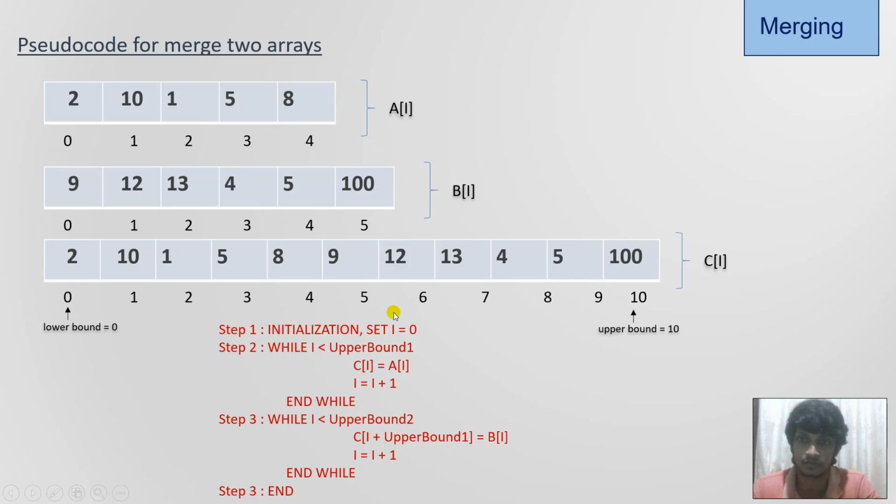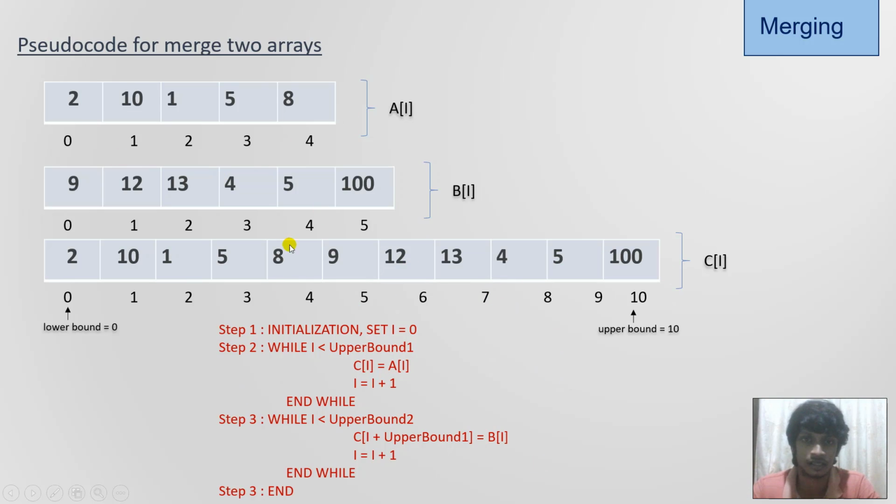It starts with 0 and ends with 10. In between there are incremented elements, and this is the simple pseudocode for that merging procedure.